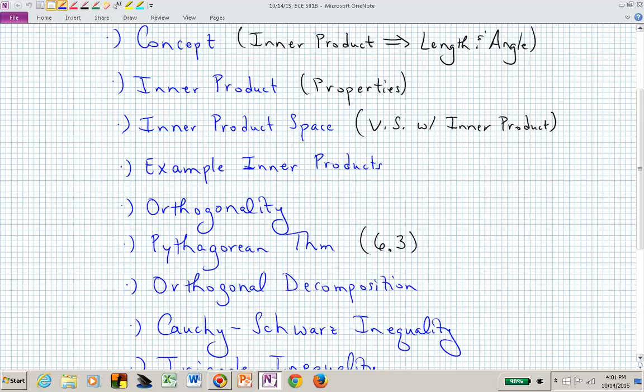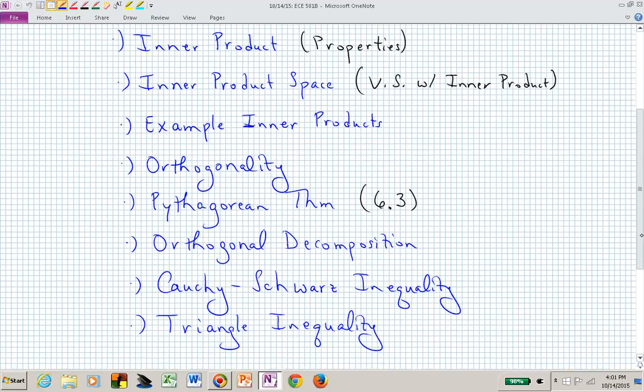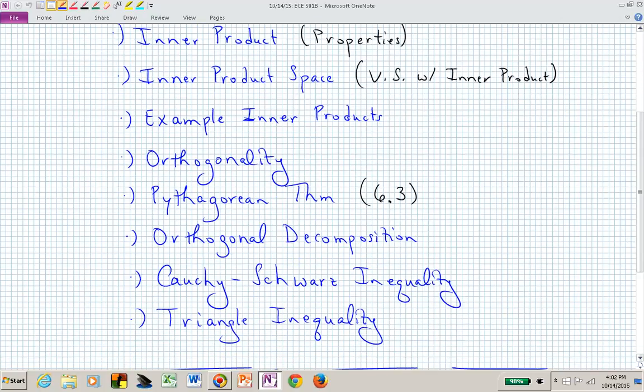That just means we have a vector space, and associated with that vector space we have an inner product. We will look at some examples. We will get into orthogonality. We'll even start thinking about triangles. We'll extend that in the Pythagorean theorem, but now we have an ability to talk about what that means in general terms for these vectors.